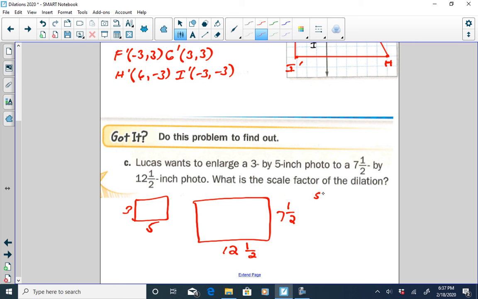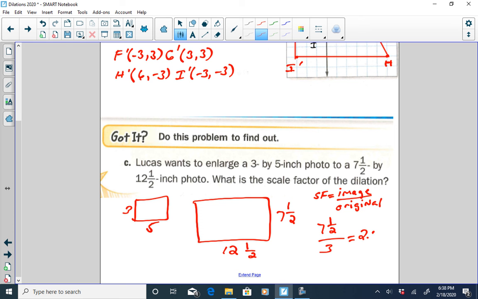Your scale factor is the ratio of the image to the original. All right, so we use the corresponding sides. So if I take my image, which is the 7.5, the original is the 3, I can use 7.5 over 3 to find my scale factor. And what is 7.5 divided by 3?